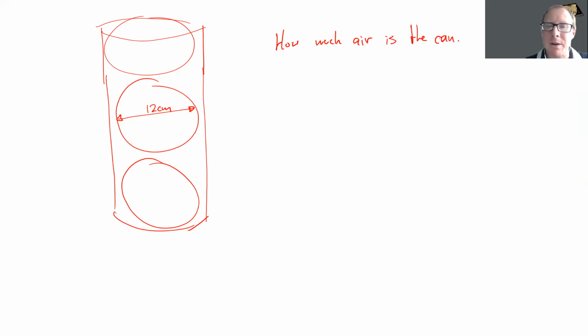So we need to figure out how much air is around these tennis balls inside the can. And we do that by first figuring out the volume of our cylinder. Now, we know that that is pi r squared h. So we need pi times my radius.